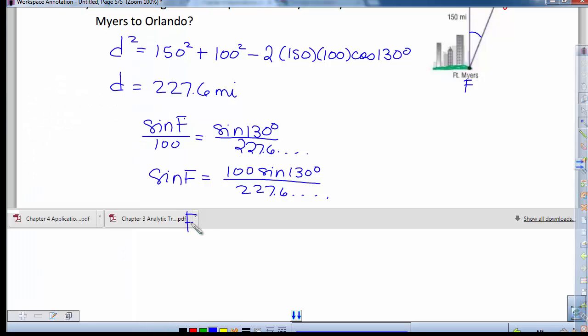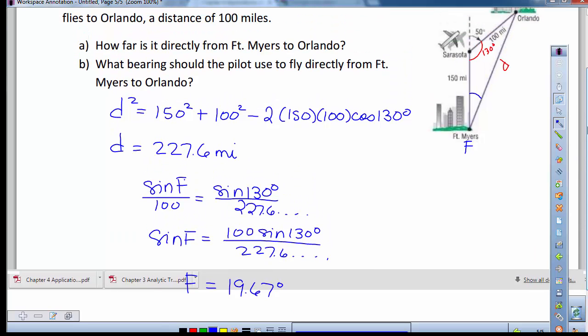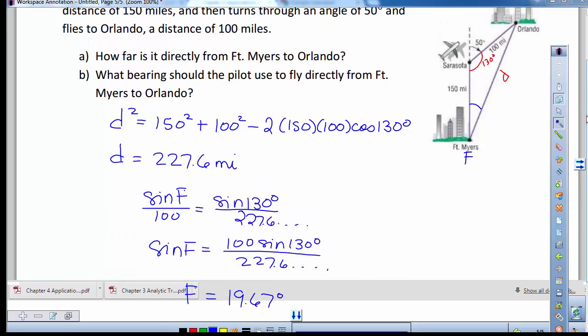Okay, F equals 19.67 degrees. We can consider whether or not another answer would work, but I think we can look at this one and see that that's not going to work because we already had a very large angle with the 130 degrees.